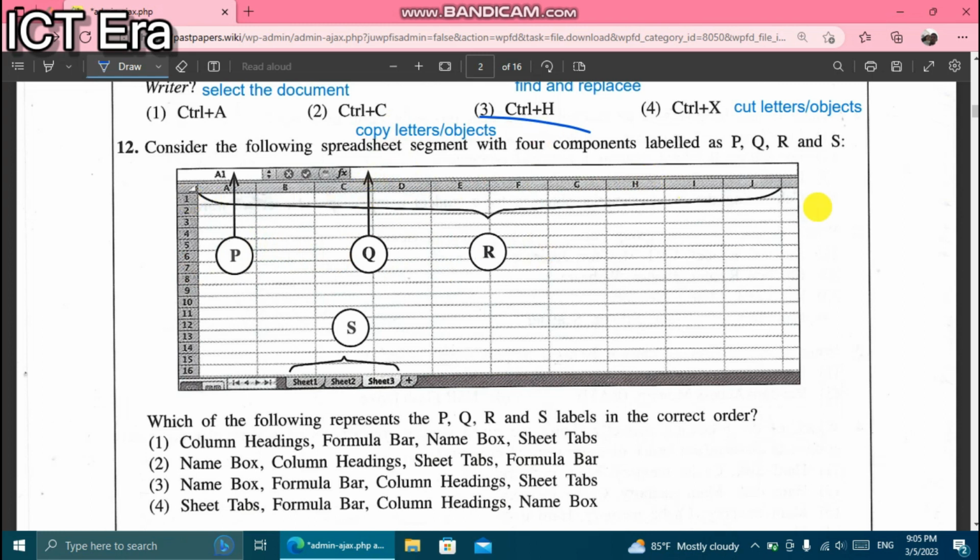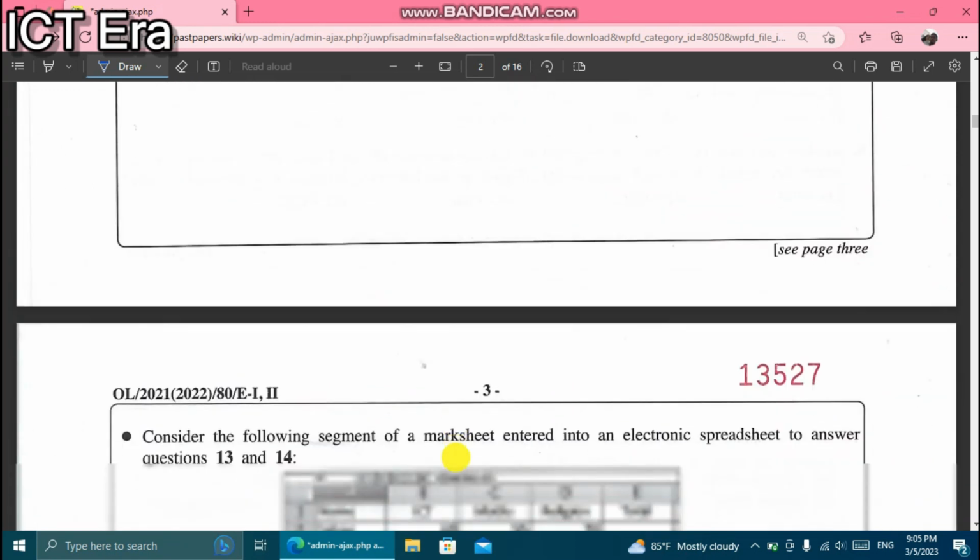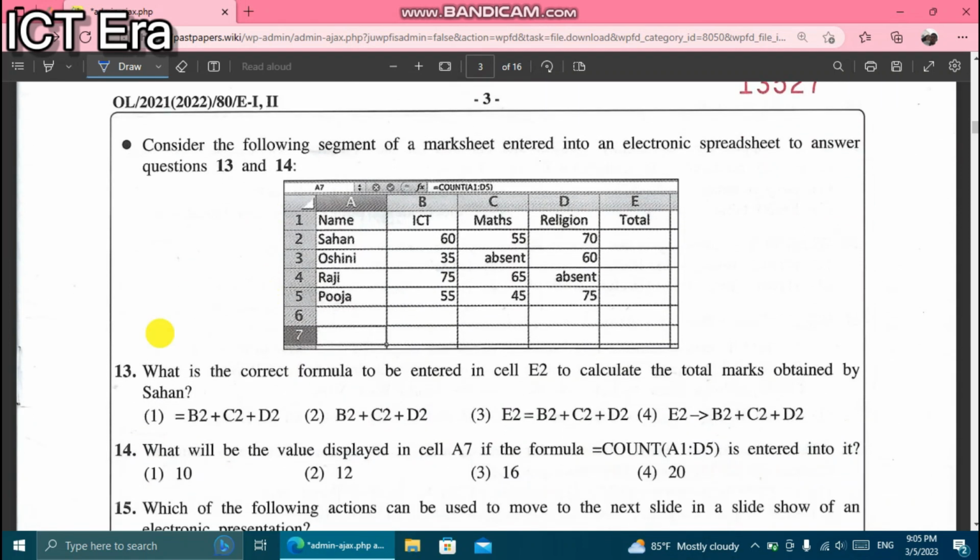R is the column headings, and S is the sheet tabs, Sheet 1, Sheet 2. Then what is the answer? P name box, Q formula bar. The third one is the answer. Right. So let's move to the next question.